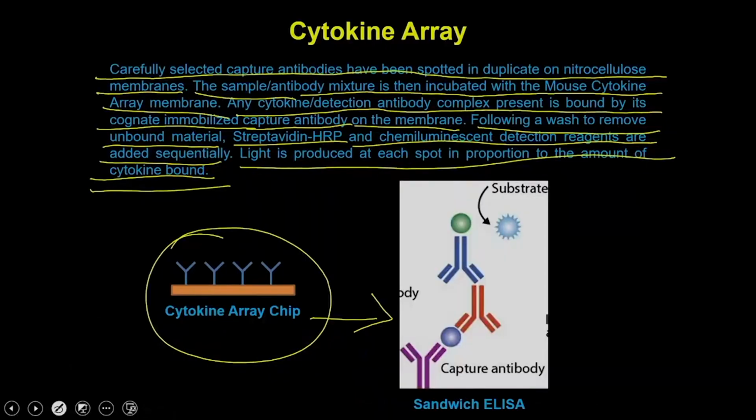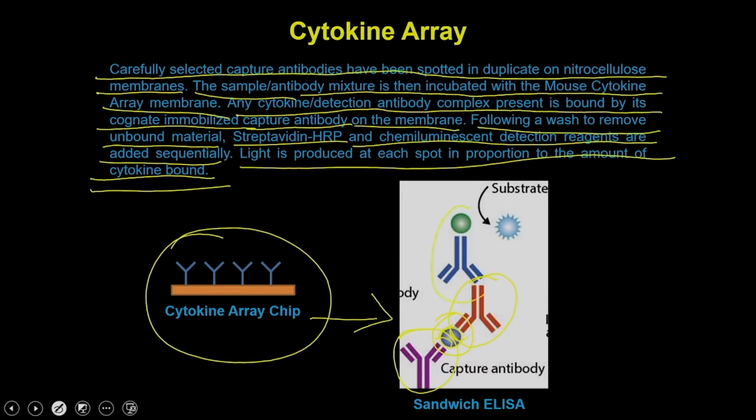If you remember, in a sandwich ELISA also we have a capture antibody which captures the antigen from the reaction, and then you add an additional monoclonal antibody which recognizes the antigen, but not with the same epitope, it recognizes a different epitope.